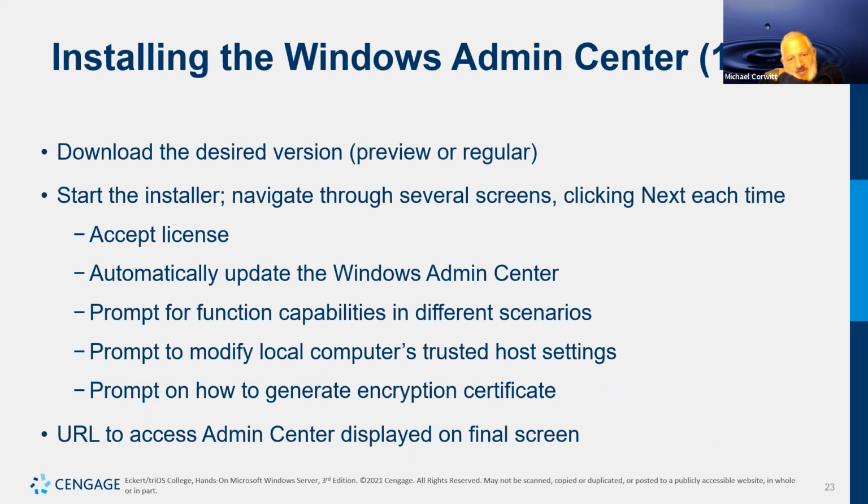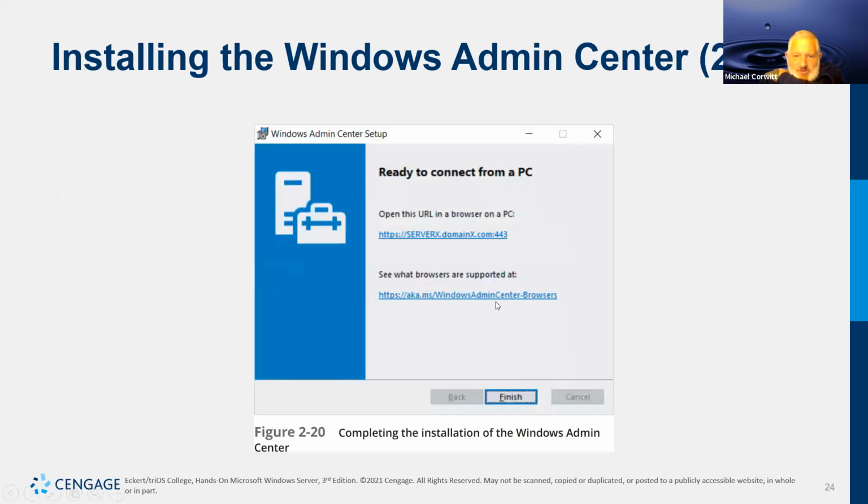Start the installer, navigate through several screens, click next each time, acceptance license, automatically update Windows Admin Center, prompt function capabilities in different scenarios. Prompt and modify local computer trust host settings. Prompt on how to generate encryption certification and URL to access Admin Center displayed on final screen. Okay, so this is how you would go in there, ready to connect.